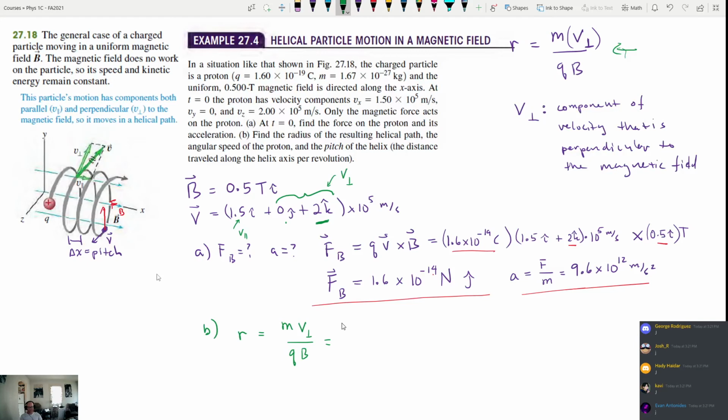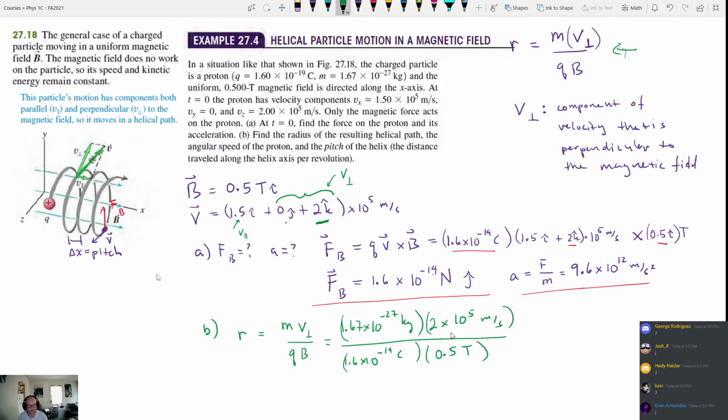Okay, so putting everything together, we have mass is 1.67 times 10 to the minus 27 kilograms. Perpendicular velocity is going to be 2 times 10 to the 5 meters per second. We're dividing that by q, which is 1.6 times 10 to the minus 19, and we multiply that by B, which is 0.5 Tesla.